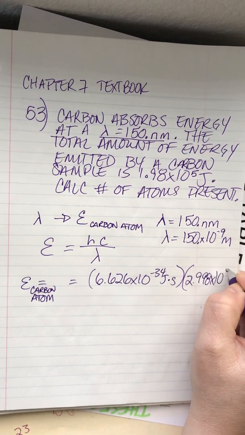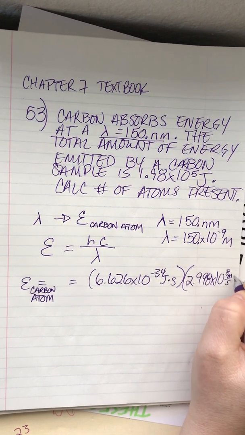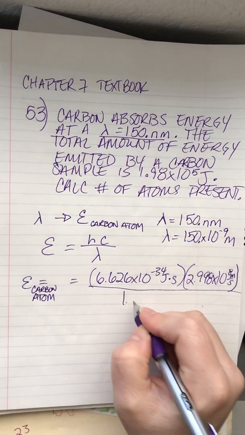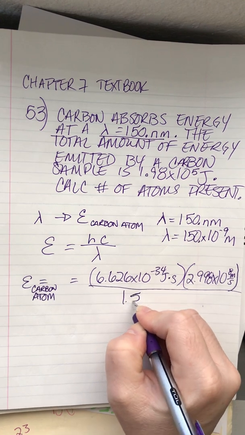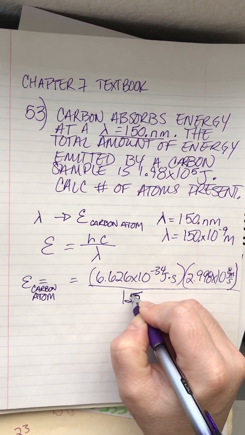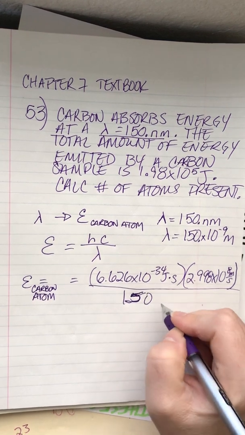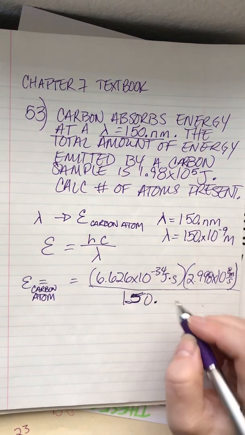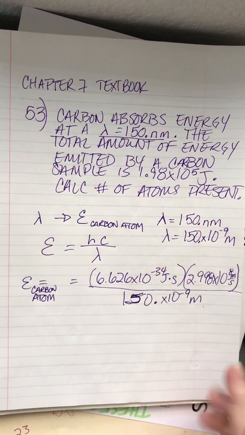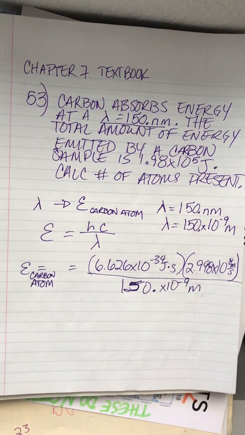Ooh, it's going to get skinny. Divided by 150 times 10 to the negative 9th, right?